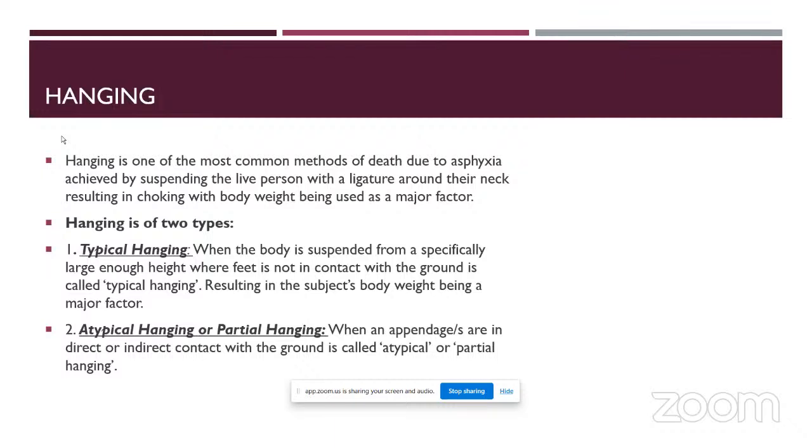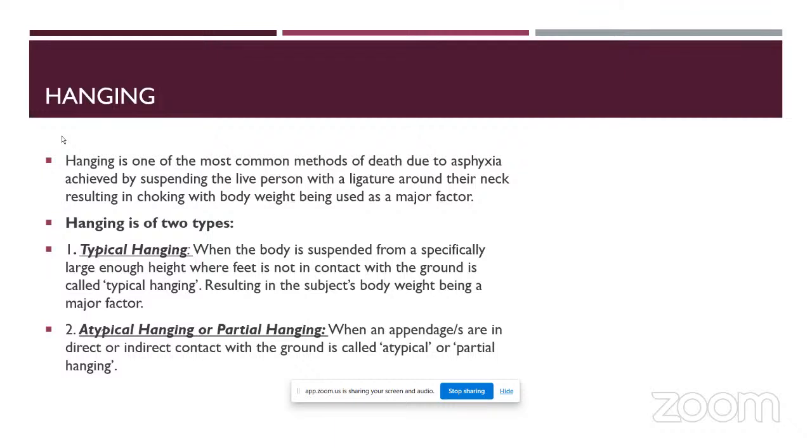The second point we can discuss is the ligature mark. In antemortem hanging it can be well developed, but in the case of postmortem, the feature is not that evident on the dead body.